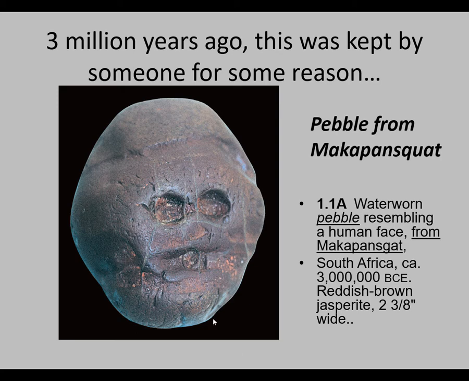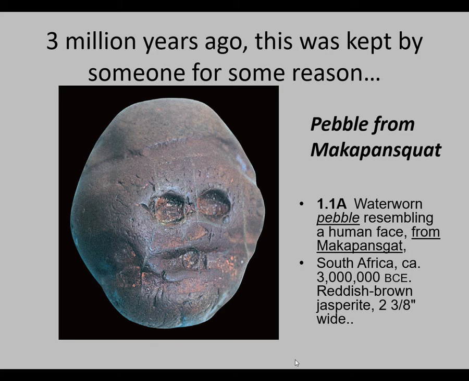The person who carried this around did some incising on the face, maybe to emphasize the eyes. It seems to be scratched around the eyes and then down the nose and on the corners of the mouth. So probably the faceness of it is being emphasized.